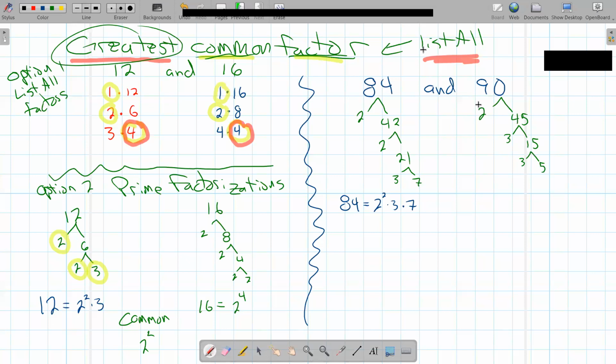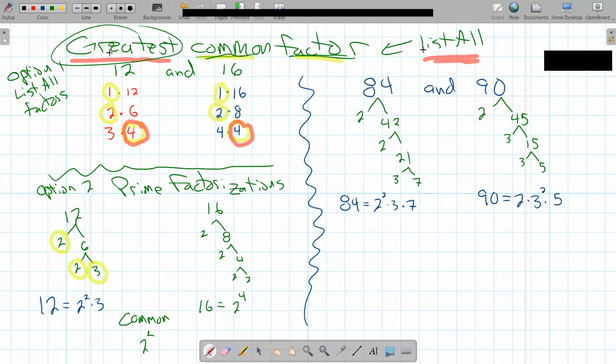And again, there's many ways to make a factorization tree like this. Somebody might have, at this stage right here, done 5 times 9. But either way, you'll get the same list of factors. And if I list them in order using powers, 90 has a prime factorization of 2 times 3 squared times 5.